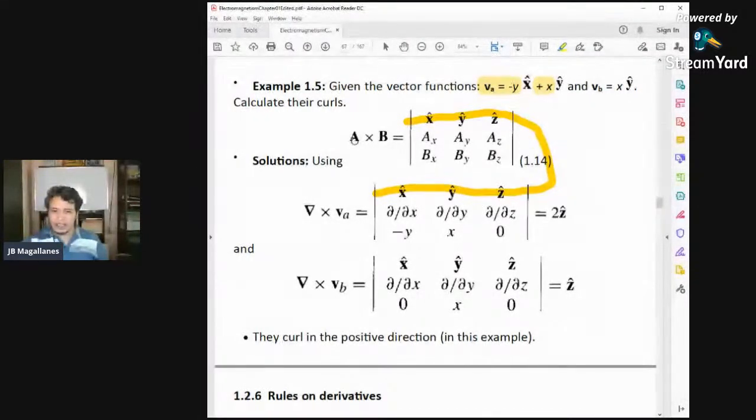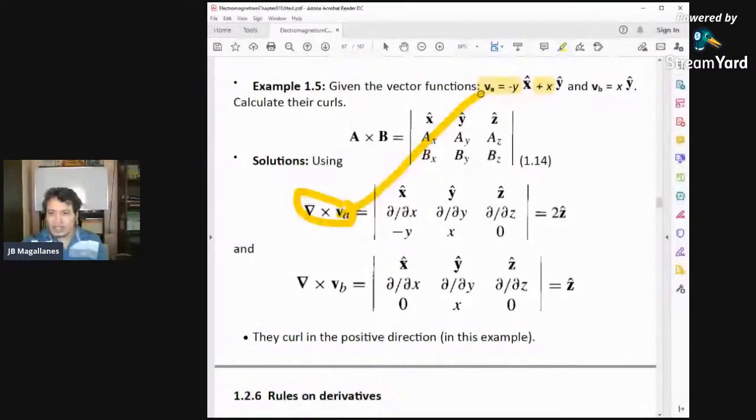The A here is your del, so the A is replaced by this. And for your VA, your X component is negative Y, your Y component is X, and your Z component is 0, so you can get the curl of this. The curl of VA is equal to 2 Z hat. So it has direction.